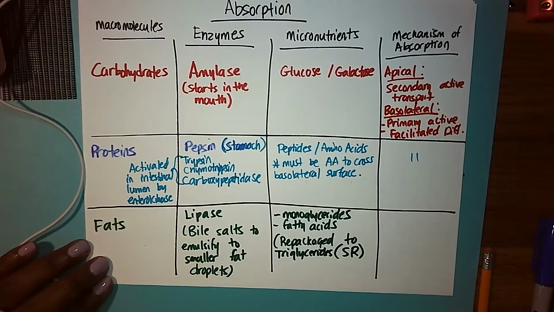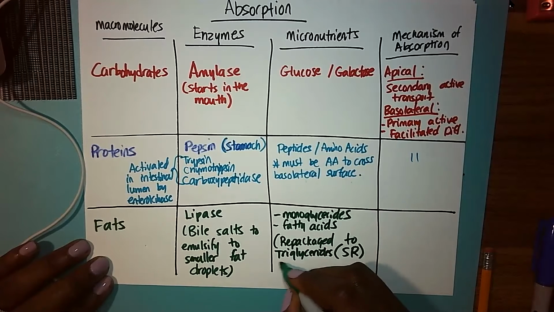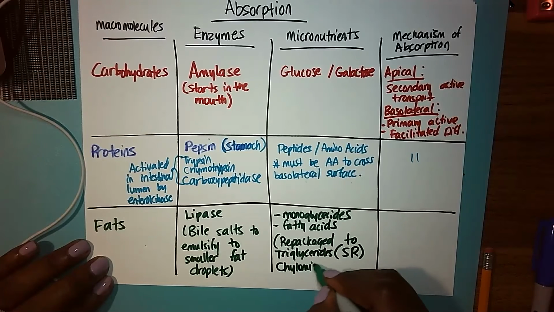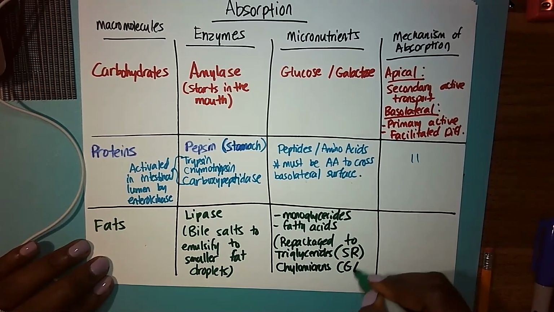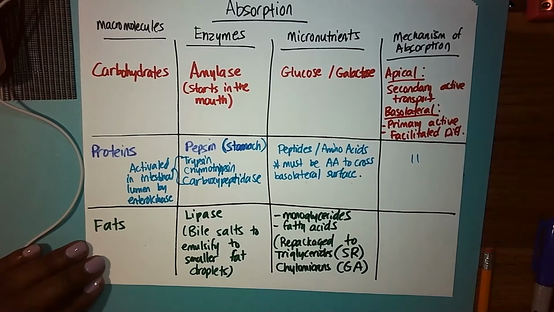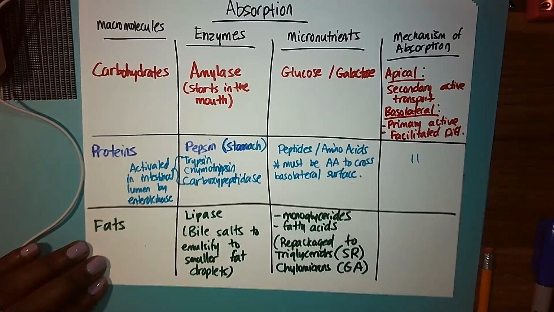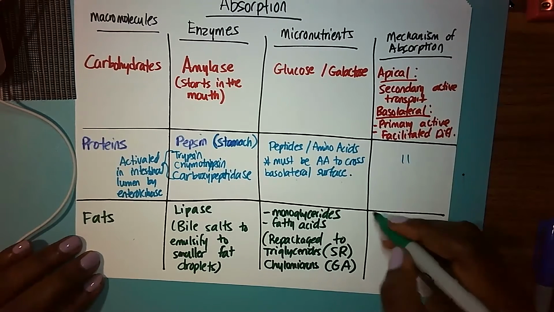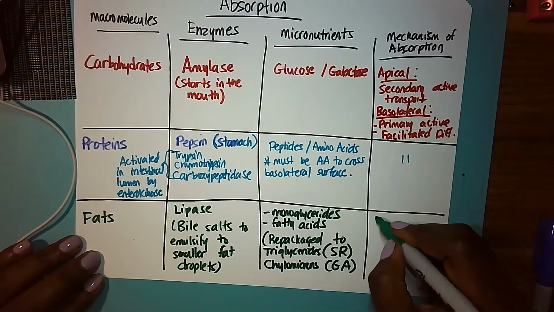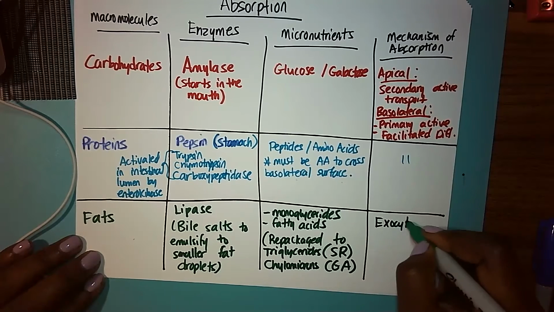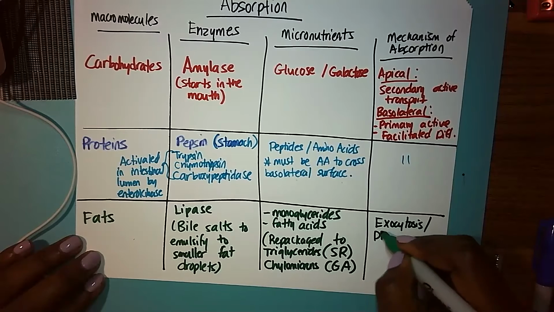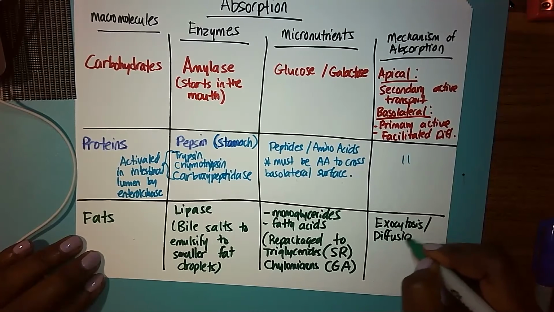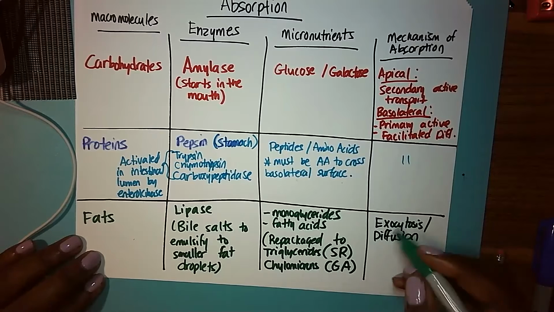And then they were also repackaged into chylomicrons in the Golgi apparatus. I'm going to put GA for Golgi apparatus. Okay, so there was a bit of repackaging, reprocessing that needed to take place of these simple fats once they get inside the cell. And then in order for them to be absorbed, they could move by exocytosis and diffusion. They could go right through that membrane into the lacteal.